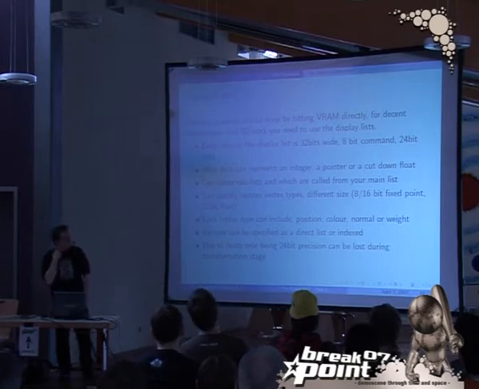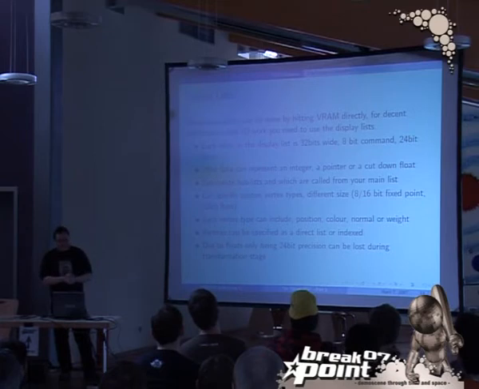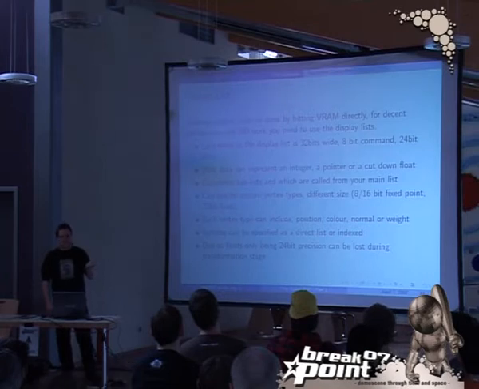Display lists. As I said, the graphics engine works on these display lists. I'm sure most people know roughly what we mean by that. So it's just a list of 32-bit instructions with an 8-bit command and 24-bit data. But even though you can pass floating point information in that, a single precision float is 32 bits.